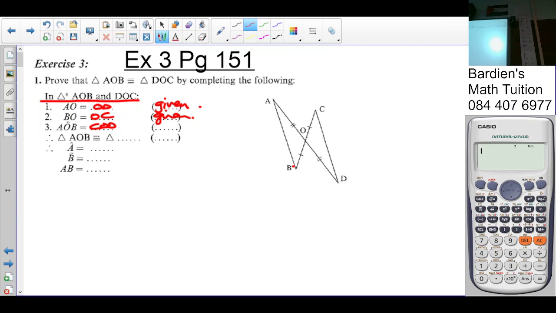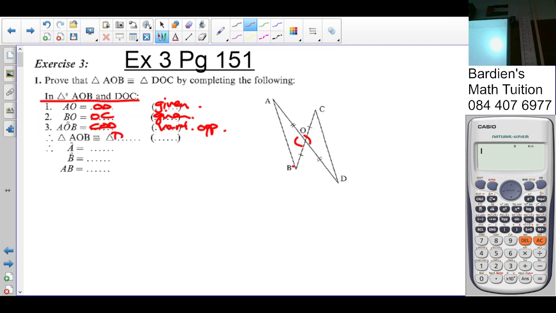Why? Why is AOB equal to COD? Yes, well done. Vertically opposite. So therefore triangle AOB is congruent to triangle DOC.